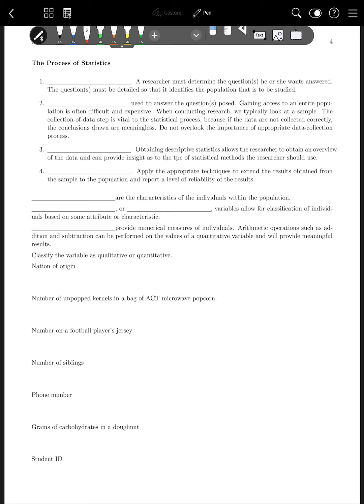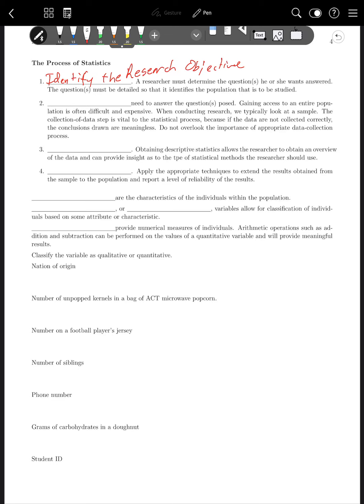So, step one is to identify the research objective. A researcher must determine the questions he or she wants answered. The questions must be detailed so that it identifies the population that has been studied.